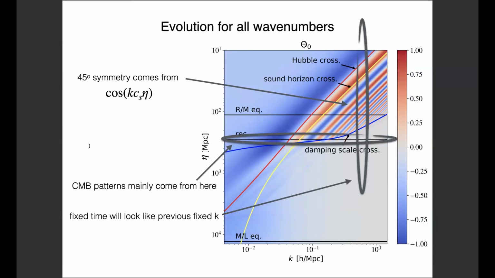Okay, another interesting thing is that here you see below the blue line, everything becomes gray, and gray means 0. What is the blue line? It's the line corresponding not to Hubble crossing, but to the crossing of the diffusion damping scale. The diffusion damping scale is this quantity, giving the typical distance traveled by a photon.